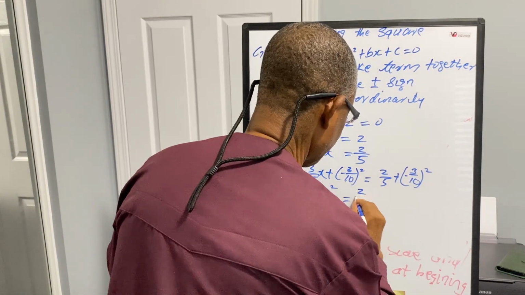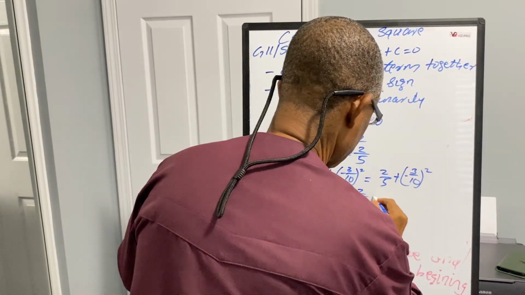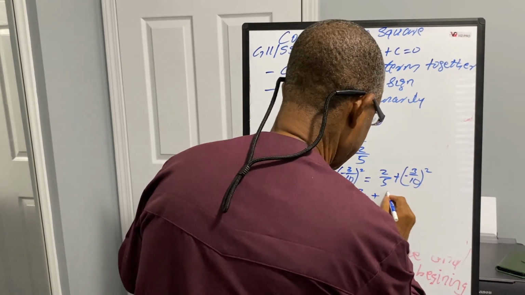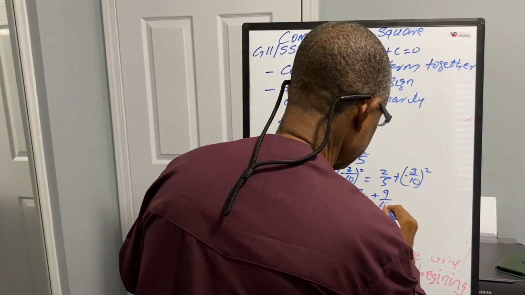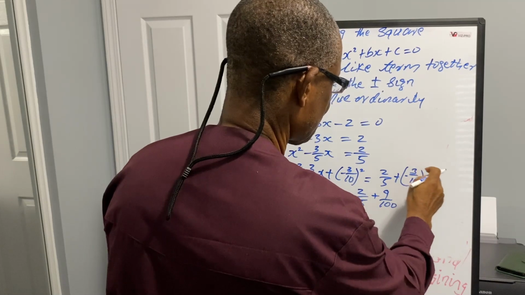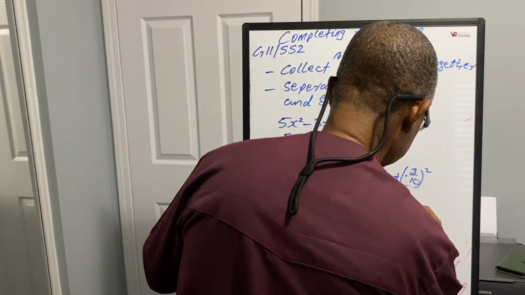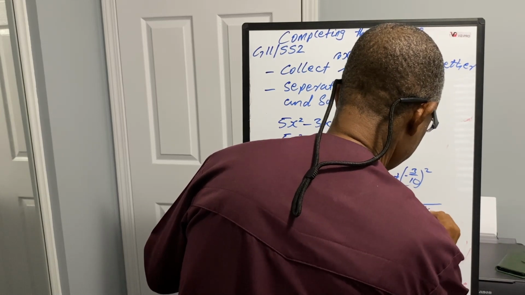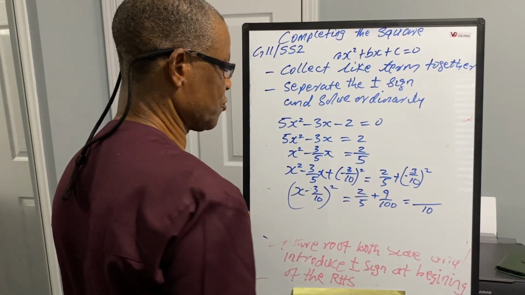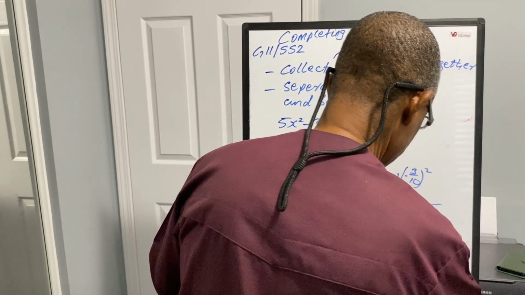This is 2 over 5 plus 9 over 100. 3 squared is 9, 10 squared is 100. This will give us, LCM is 100, divided by 5 is 20. 20 times 2 is 40.